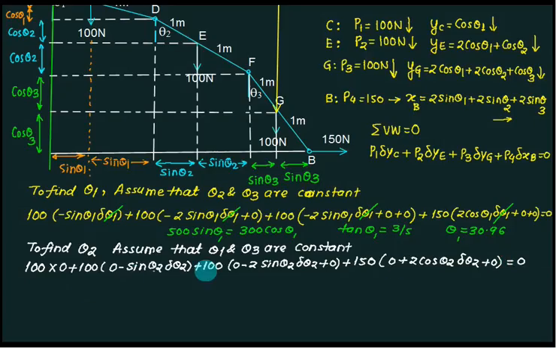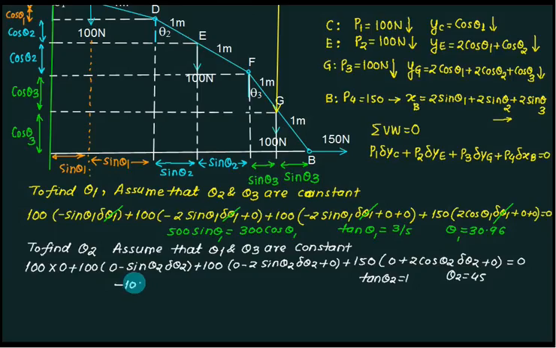So del theta 2 will be cancelled. This one is 100, this one is 300. 300 sin theta equal to 300 cos theta. So tan theta equals what? 1. So tan theta 2 equals 1, so theta 2 equals 45.